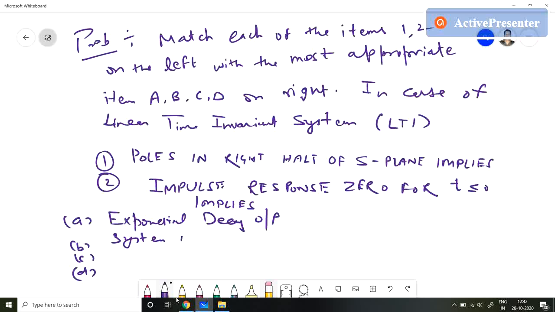The point C is no stored energy in the system. And point D is system unstable.